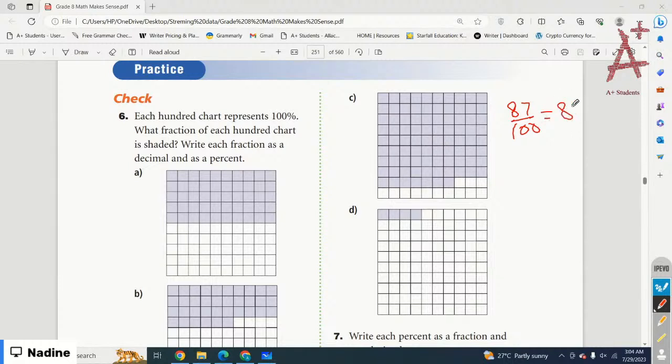In the percentage form, you can write it as 87%, and in the decimal form, you can write 0.87, right? Okay, the next one is 1, 2, 3, 4. Just 4 out of 100 are colored. You can write it as 4% and 0.04, right?